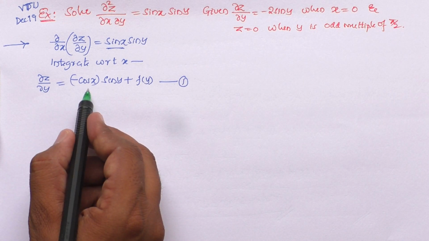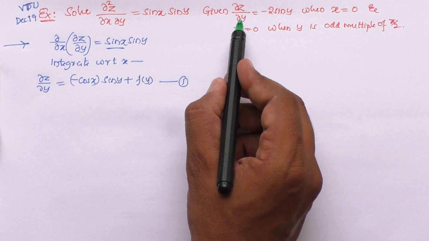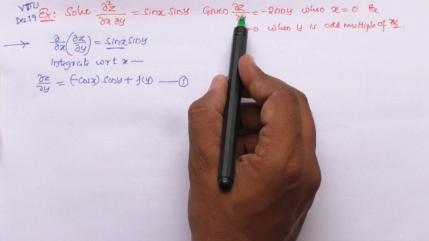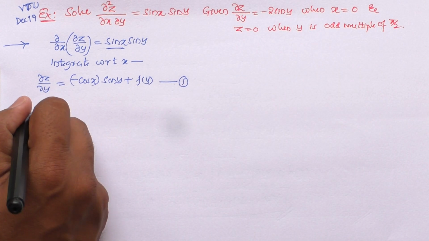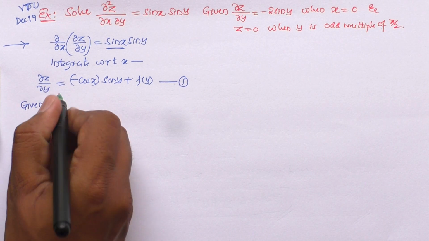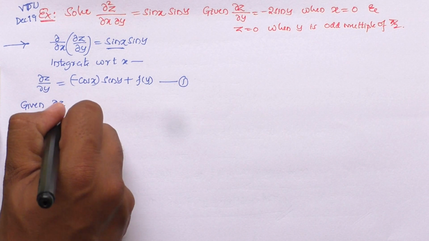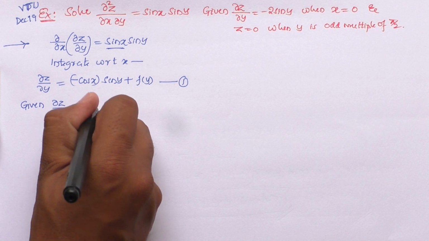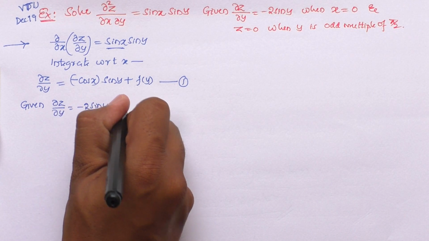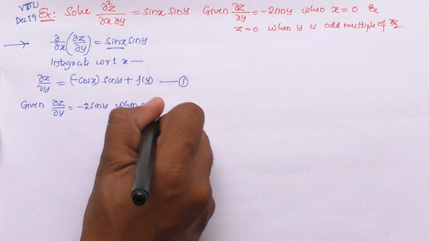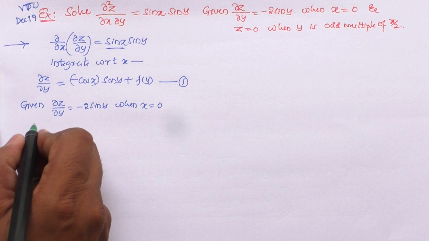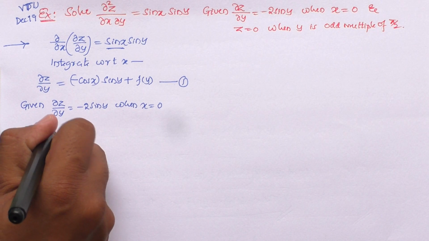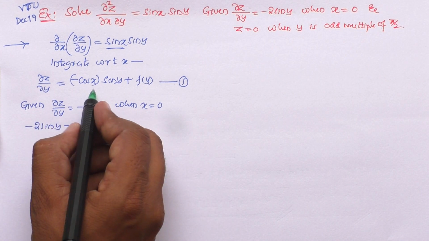So del z by del y equals this. Here it has been mentioned that del z by del y equals minus 2 sin y when x is 0. So substitute here: del z by del y is minus 2 sin y when x is 0.